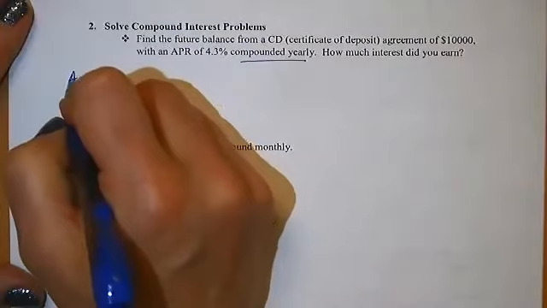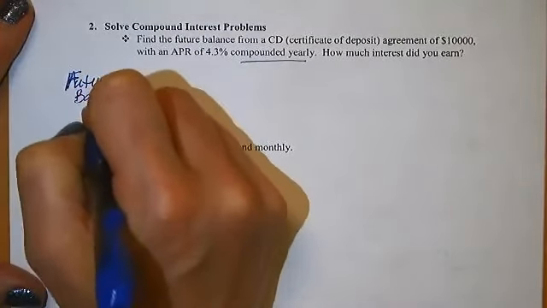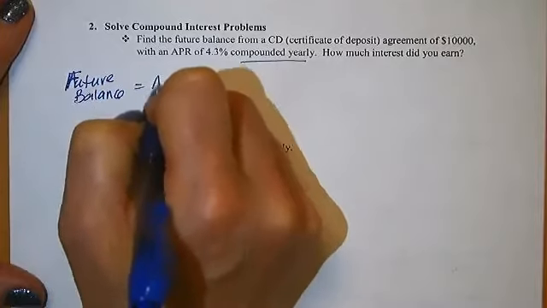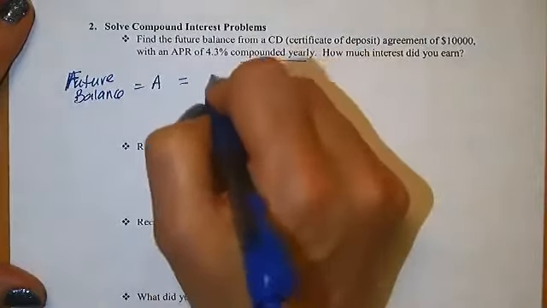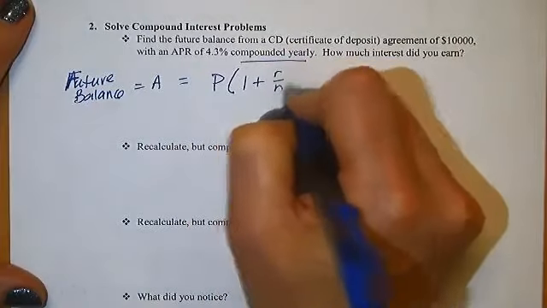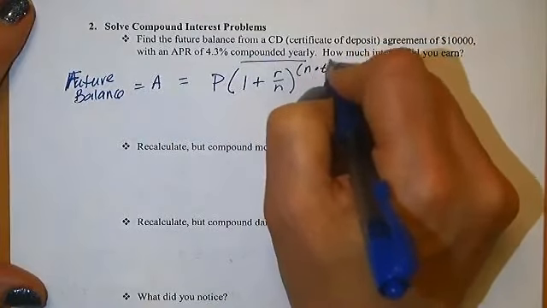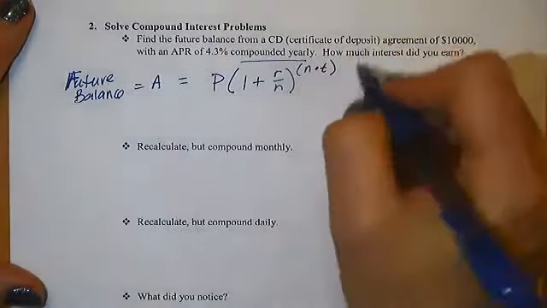The compounding formula says that your future balance is equal to your principal times 1 plus your interest rate divided by the number of compounding periods to the n times t time period power.